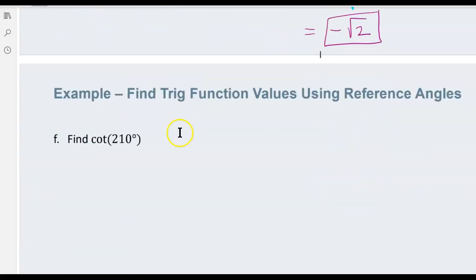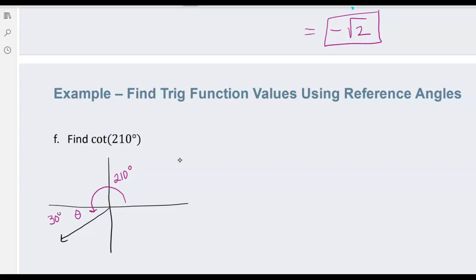All right, last example. Cotangent of 210 degrees. 210 is over here. 210 degrees. The reference angle is going to be 30. I got that by looking at 210 minus 180.